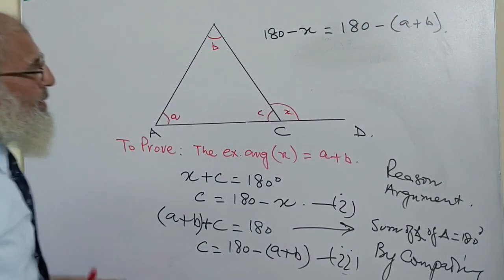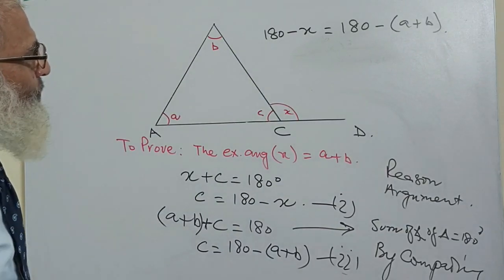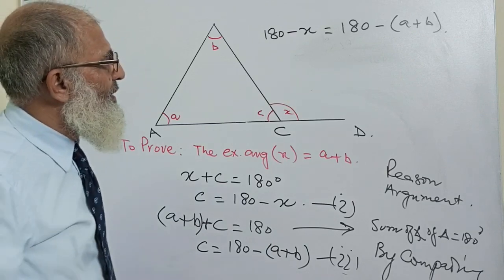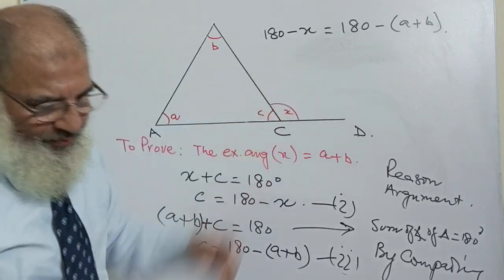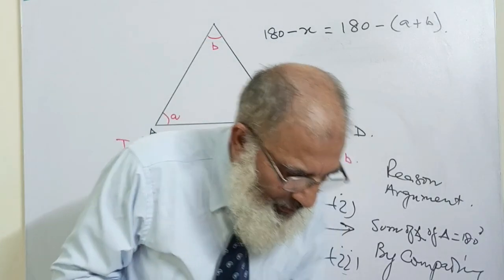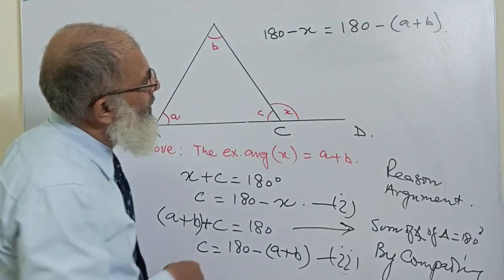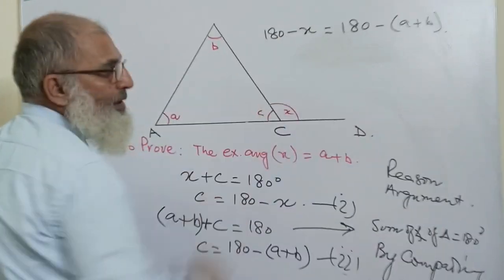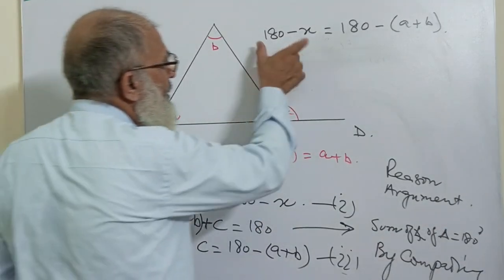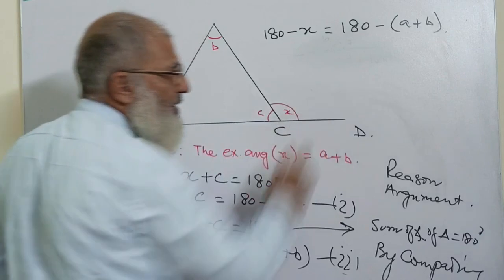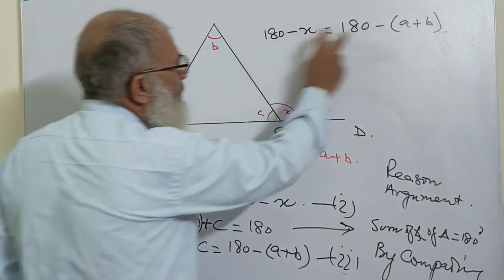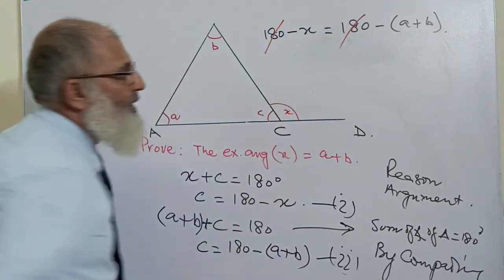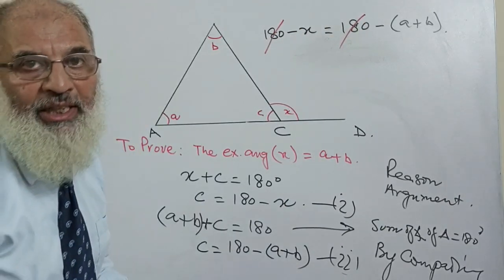Now there are some interesting things coming up over here. 180 is on this side of the equation, 180 is on this side of the equation. Both are positive, so we can easily cancel them. Both magnitudes are equal.